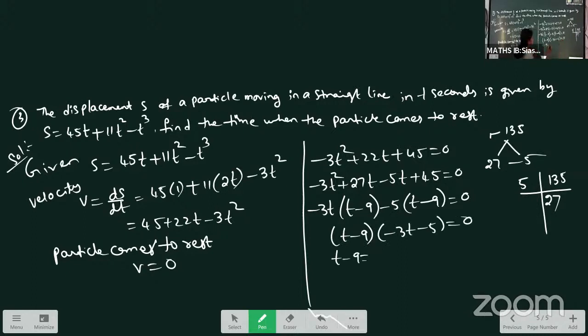So t minus 9 is equal to 0, minus 3t minus 5 is equal to 0. From here t is equal to 9, from here t is equal to minus 5 by 3. But time can never be negative, so t is not equal to minus 5 by 3. Therefore, when time is 9 seconds, the particle comes to rest.